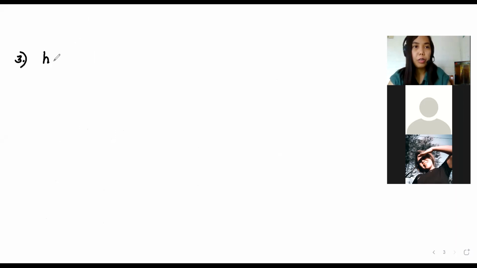So we have the function h of x is equal to 4 minus x squared.